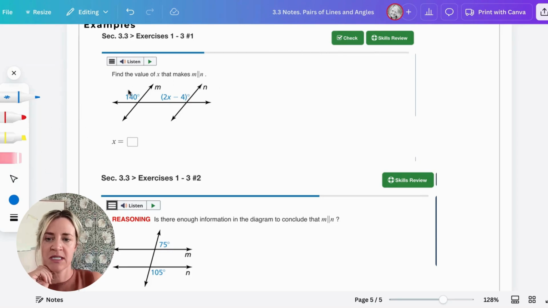So we first want to decide what kind of angles are given here. This angle right here that's measured as 140 and this angle here that's measured as 2x minus 4. What type of angles are those? Notice this one's in the interior, this one's exterior. Which type was it? And they're on corresponding parts. Those are called corresponding angles.